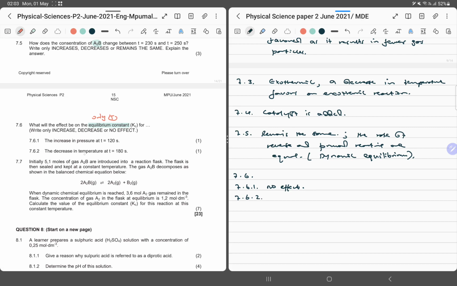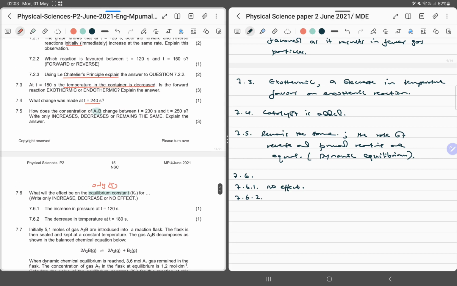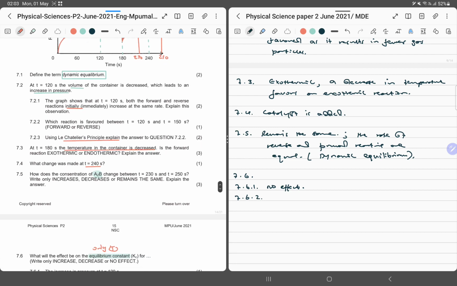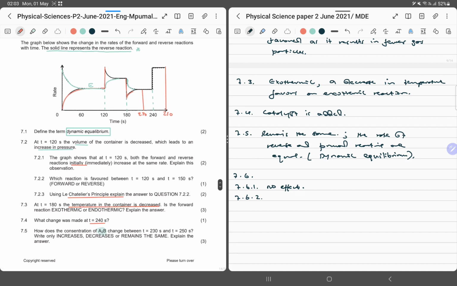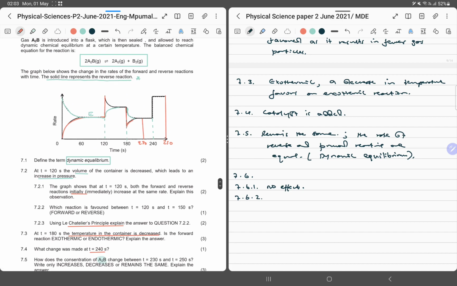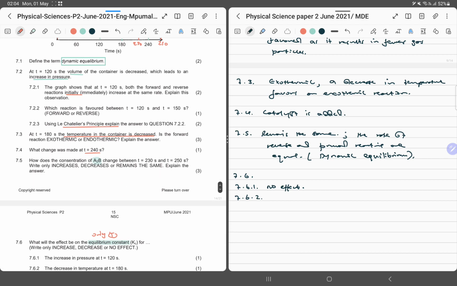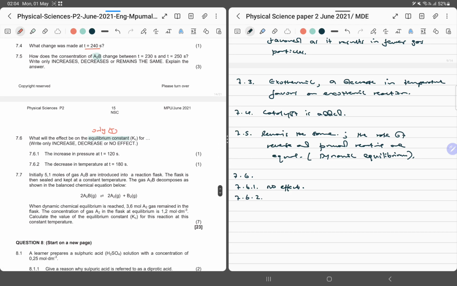7.6.2. The decrease in temperature at T180. Now, if we decrease the temperature at T180, what happens? Remember, we favored the products over the reactants. So if we favor the products, it means, remember, Kc is the concentrations of products over concentrations of reactants.